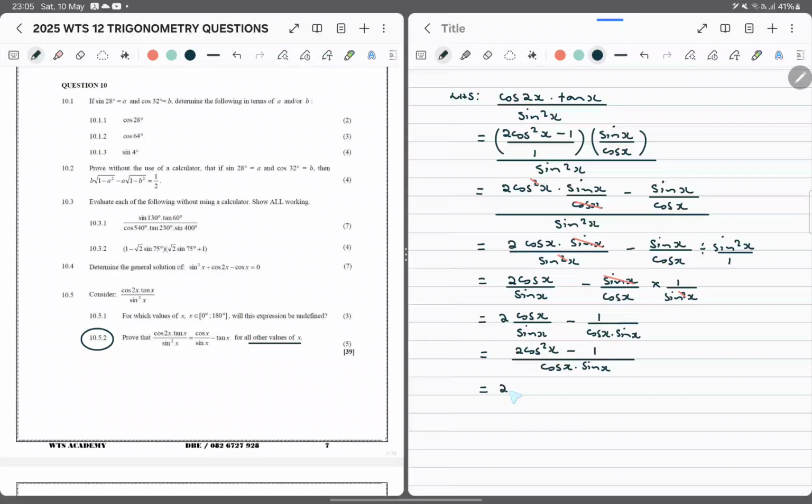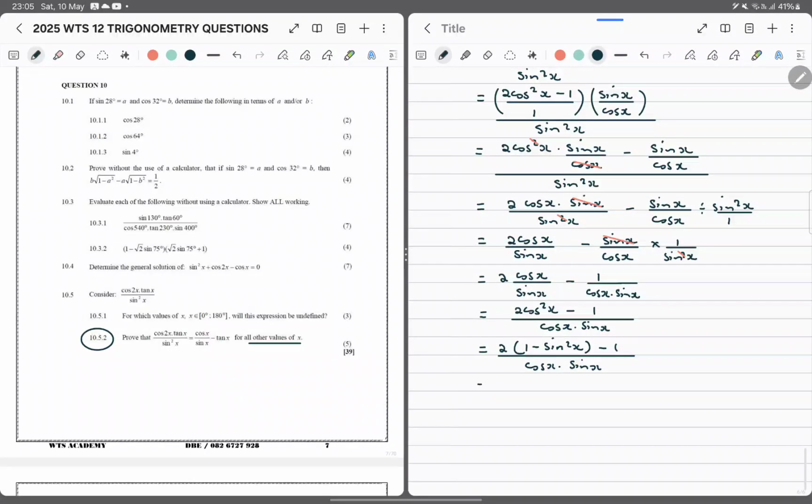But let's convert this one. This is 2 into 1 minus sine squared x, using square identities, minus 1. Sometimes you've got to be a little bit creative. Over cos x sine x, because sometimes you may think it's wrong what you're doing, but it's actually right.